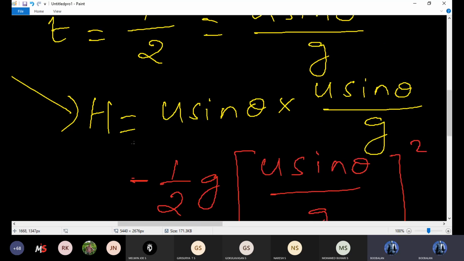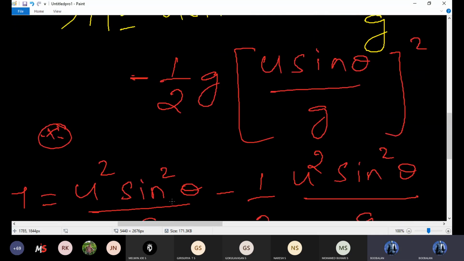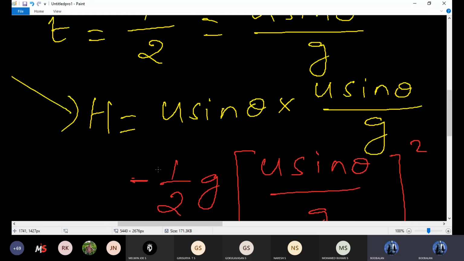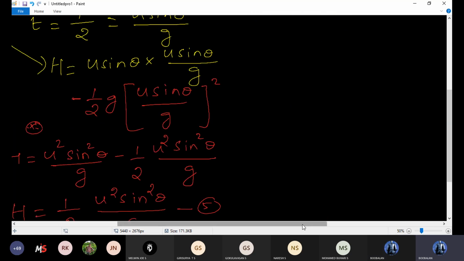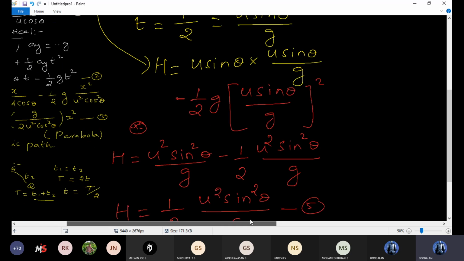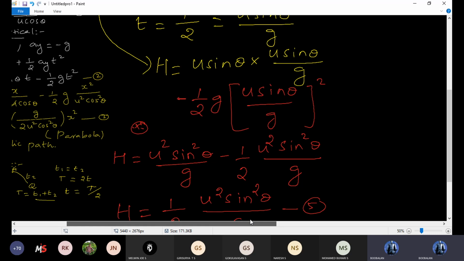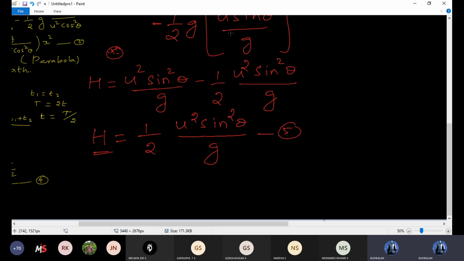Okay, apply the values in the h formula. Yes, some students are making confusion in this area. U sin theta times u sin theta by g, u square sin square theta divided by g. Next step: u square sin square theta divided by g minus 1 by 2 g u square sin square theta divided by g square.